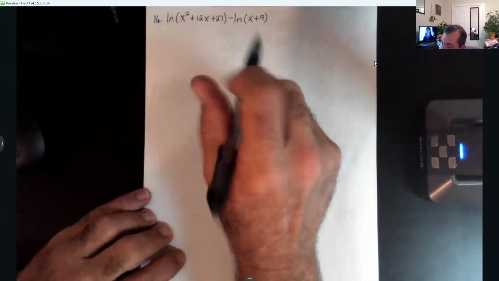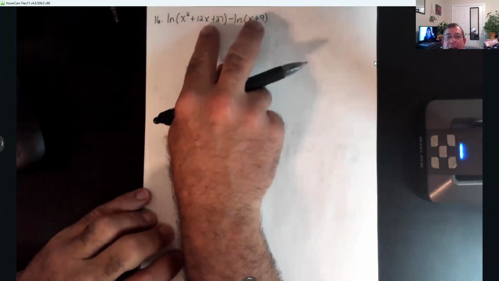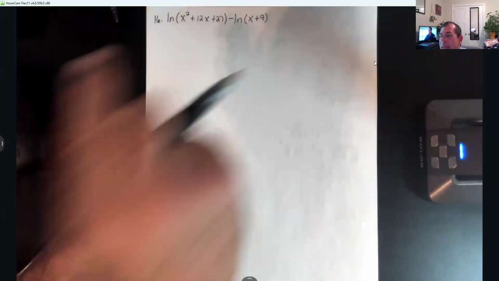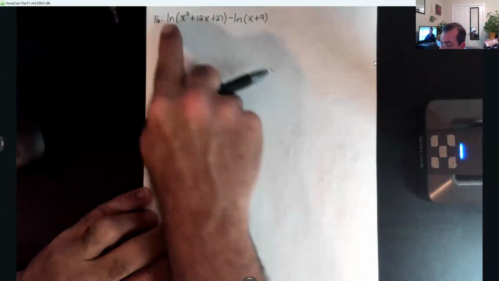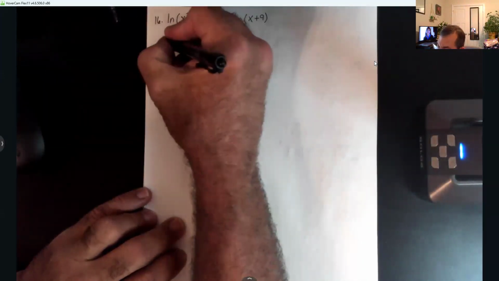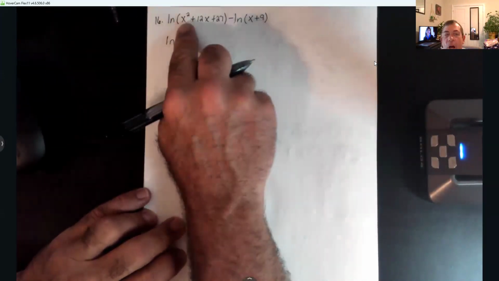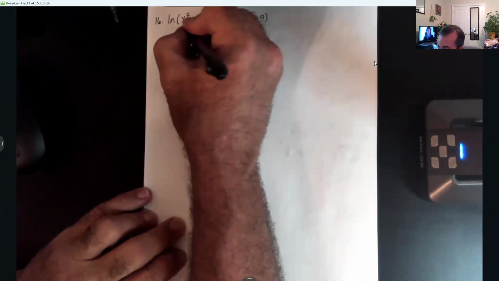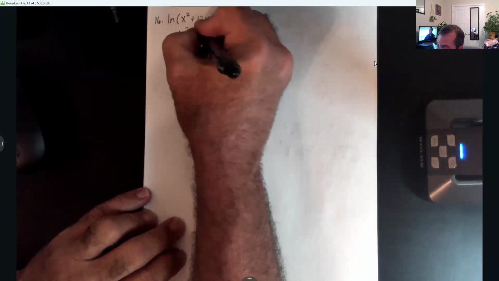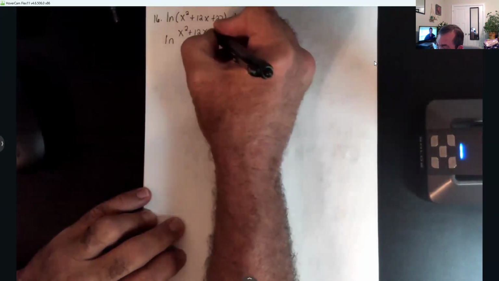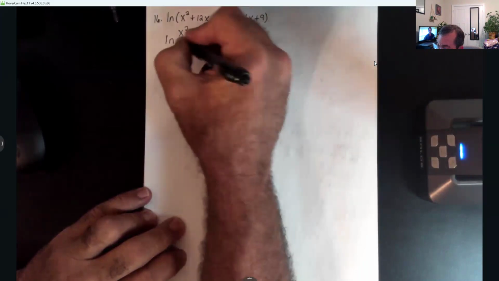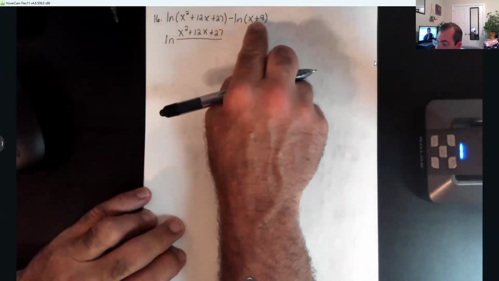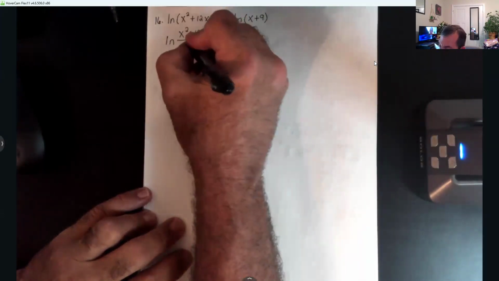So on this number 16, what we want to do is rewrite subtraction as a quotient. So bring out that ln. On top will be the positive factor, which is the x squared plus 12x plus 27, all over the factor being subtracted, which is x plus 9.